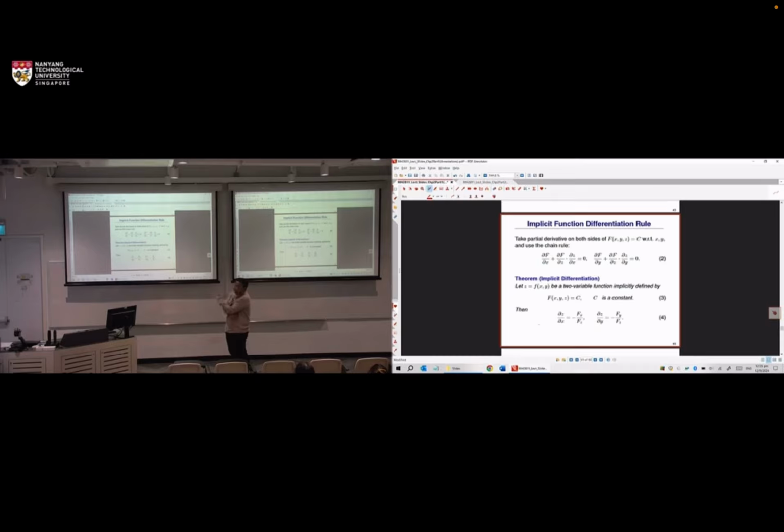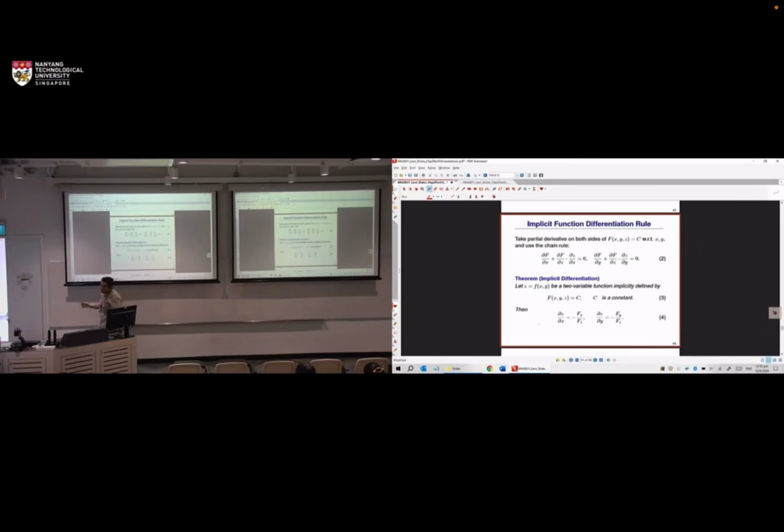But behind the scenes there are a lot of steps involved, which I will demonstrate in a very short while. These are the workings, but ultimately they build up and give us equation number 4, the formula for del z del x and the formula for del z del y, starting from big F in terms of x, y, z equal to a constant c.